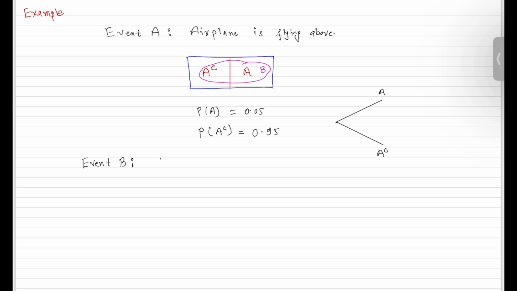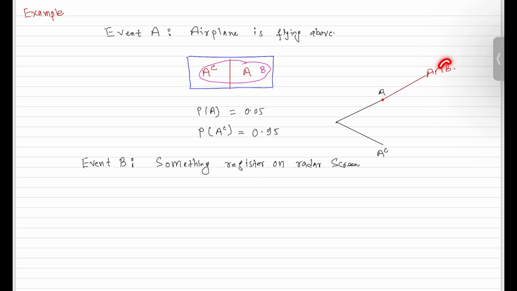Event B is something registered on the radar screen. Now what could be registered? It could be that the radar detected that there is an airplane in the sky, and the radar detected it. So how can we denote this event? There is an airplane flying in the sky and the radar has detected it.